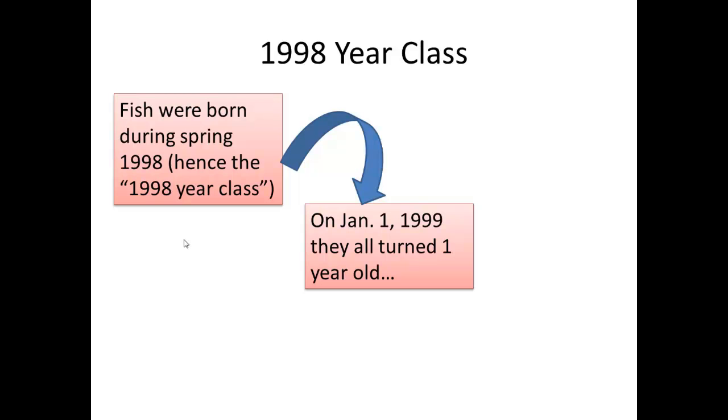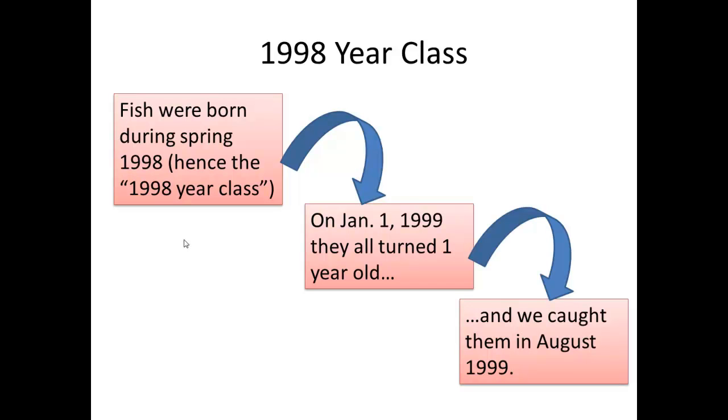Now, of course, they weren't exactly 12 months old. They were probably born in April or May of 1998. But like we said, all fish have the same birthday. So on January 1, they all turned 1 year old. And then we caught them in August of 1999.